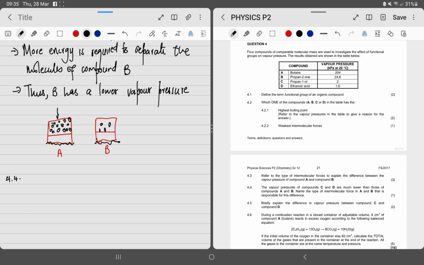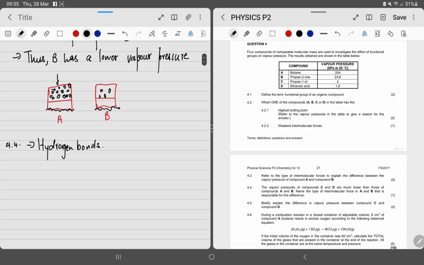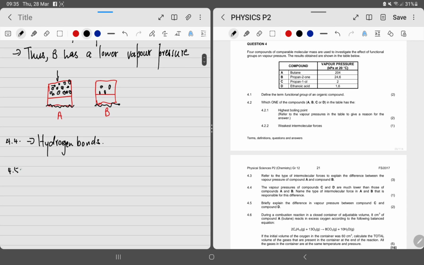Alcohols and carboxylic acids have hydrogen bonding. So they have hydrogen bonds.